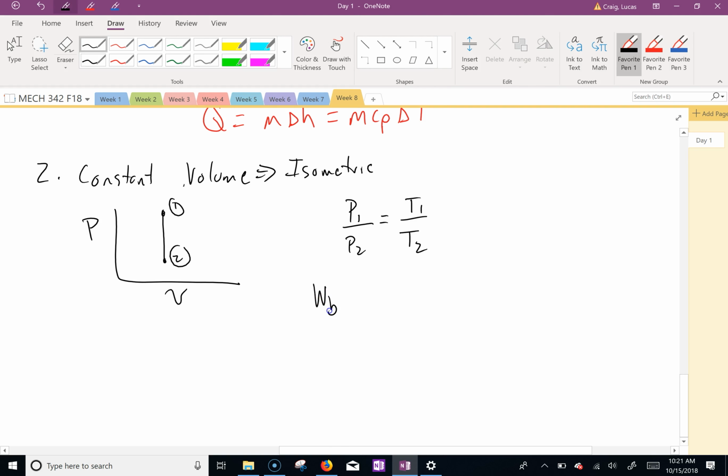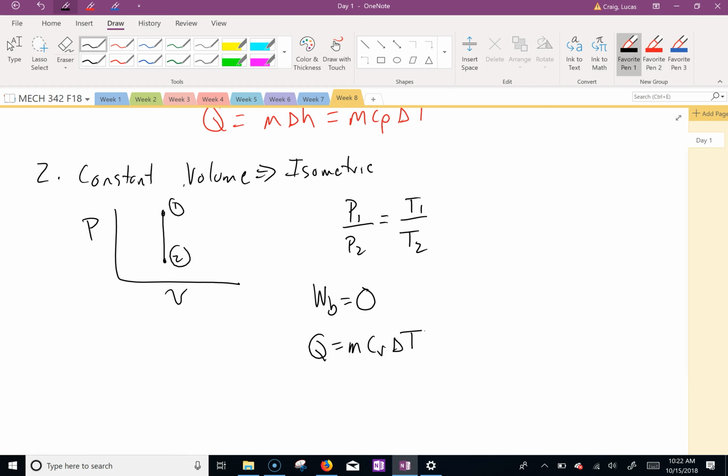What is the boundary work in this process? 0. Yep. Because it's a straight line downward. And if you did the first law, if there was only boundary work, you get M Cv delta T. You've seen that one, hopefully.